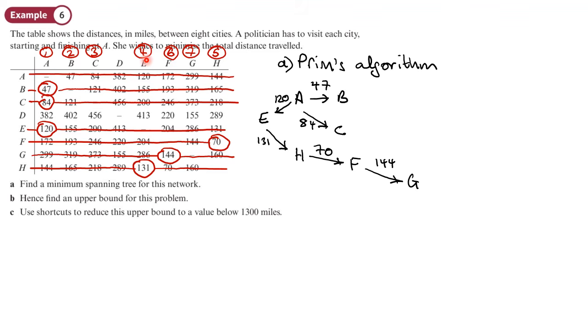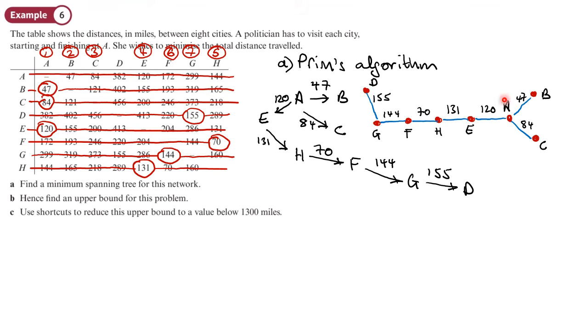Now I want to try and find the lowest weight in any of these columns that we've got left. Actually, it's looking for the lowest weight in this row here, which is going to be the 155, D. Now our algorithm's finished, and we just need to join G to D, and that's 155.